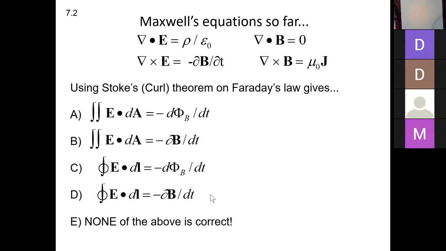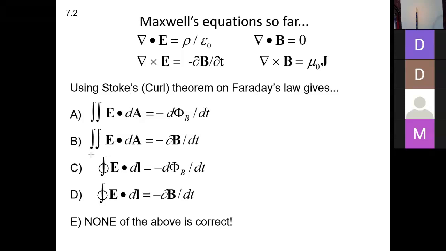Everybody who is stuck has chosen C or D. I think the correct answer is C, because that's Faraday's law, the EMF produced by the curly electric field. Here, let me annotate this a little bit better.